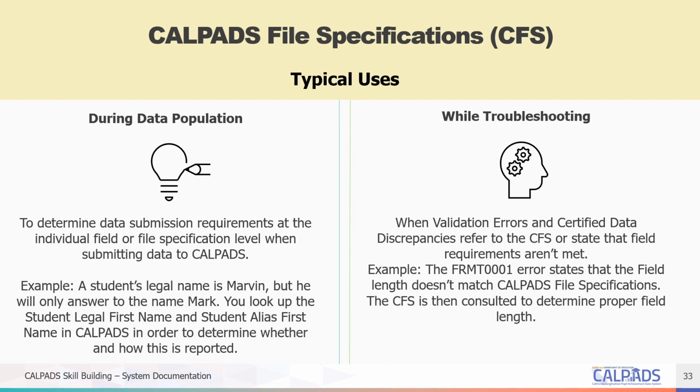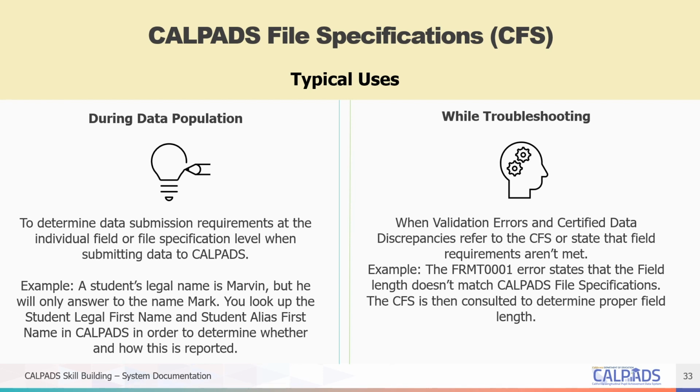For example, a student's legal name is Marvin, but he will only answer to the name Mark. You would like to capture this in CALPADS, and you notice the SSID enrollment record has a student legal first name and a student alias first name field. In this case, you would refer to the CFS to determine if Mark meets the criteria of an alias name according to CALPADS business rules.